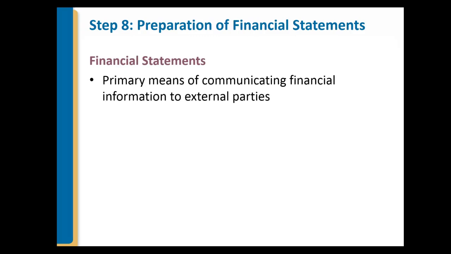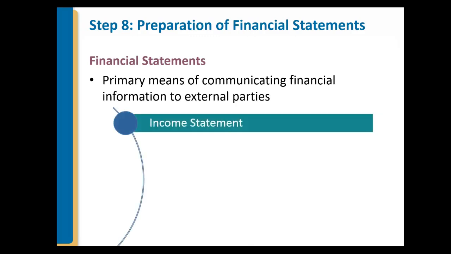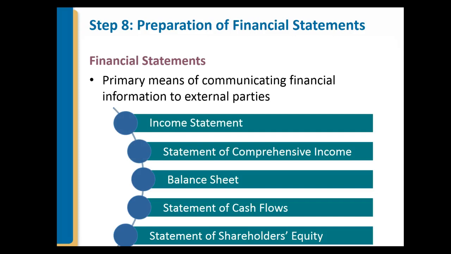Then, finally, the purpose of all these steps is to get to this point, the preparation of financial statements. The adjusted trial balance contains the necessary information. The financial statements are the primary means of communicating financial information to external parties.